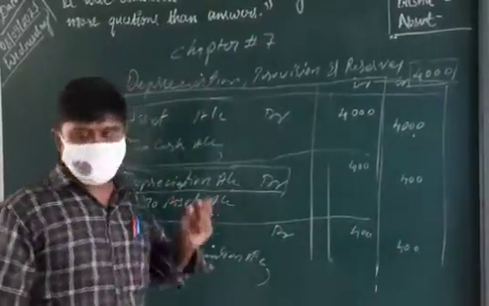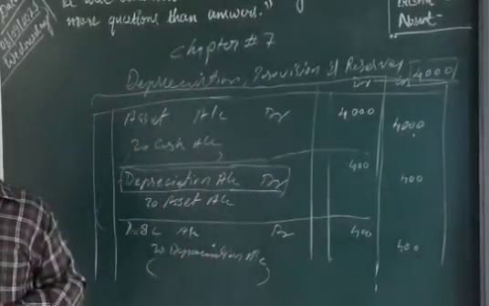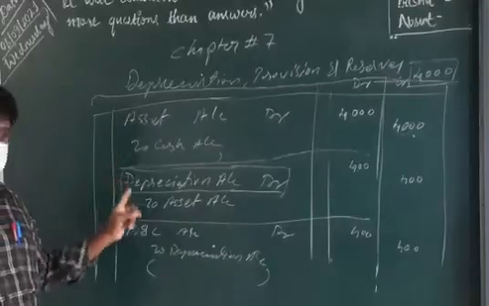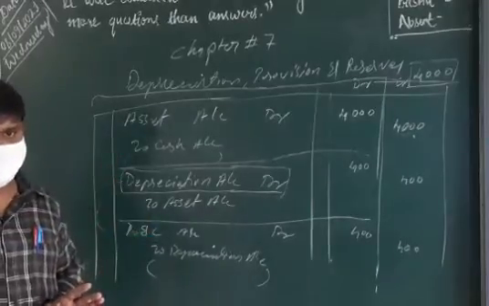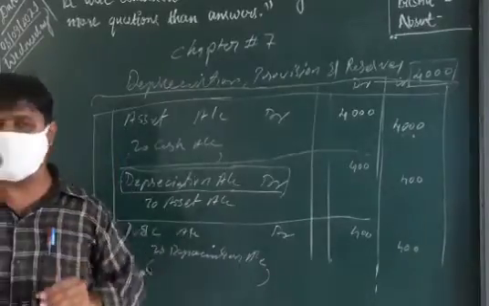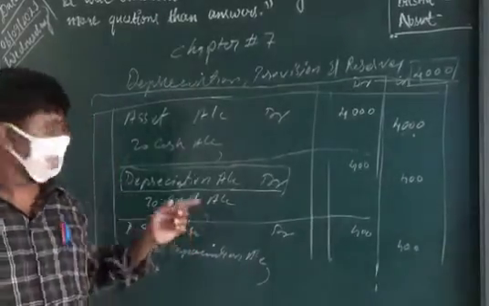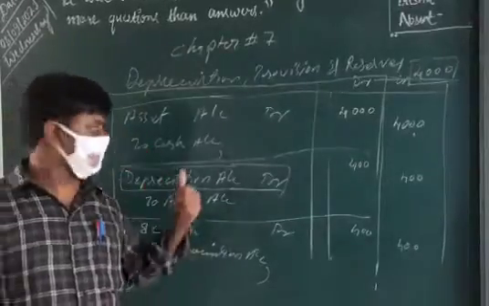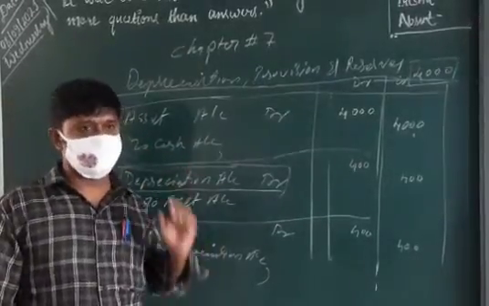And here, what is reducing? The value of the asset is reduced. You understand now? When the value of an asset is decreased, what are we doing? Crediting. So always think about this while writing journal entries, this is very important.